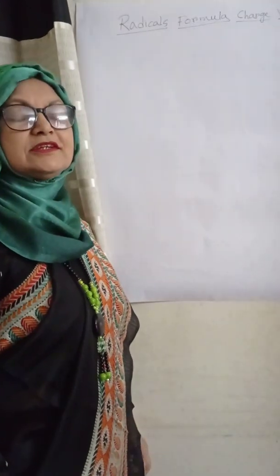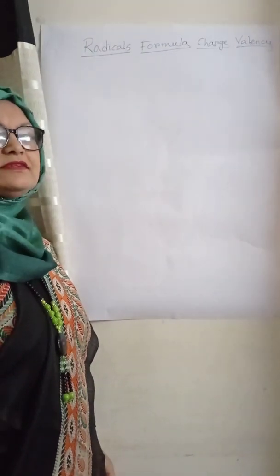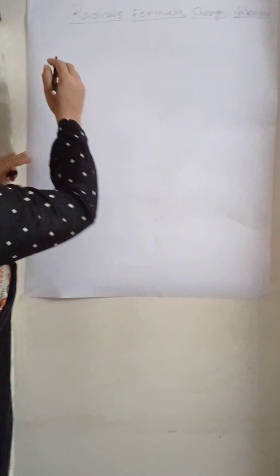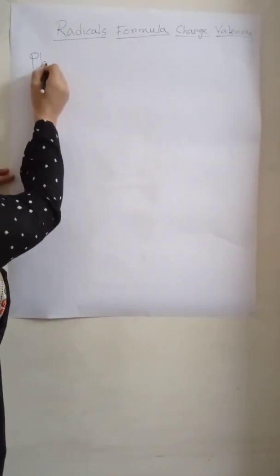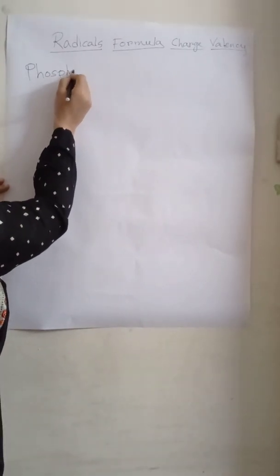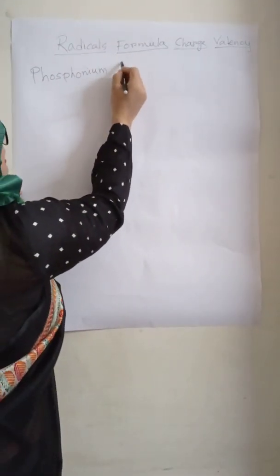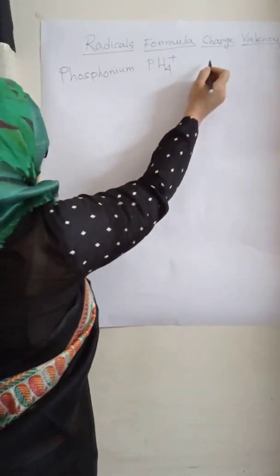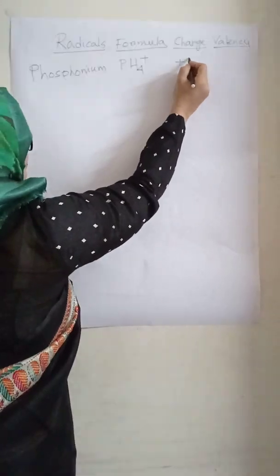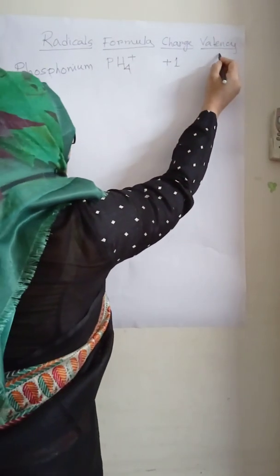We can determine the valency of radicals by using their charges. For example, the radical phosphonium, and its formula is PH4+. So its charge is +1 and valency is 1.